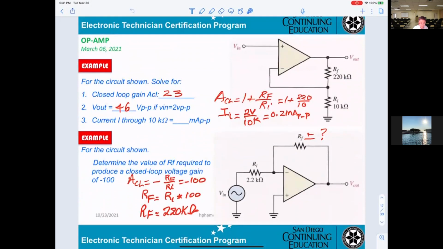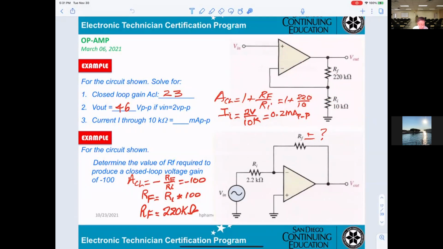Next one, you can see a different way to build the non-inverting circuitry. For this circuitry, the input is applied to the positive, which is what they call non-inverting. And the gain, which we already have, equals 1 plus RF divided by RI in this schematic.